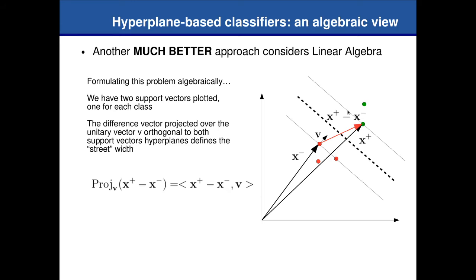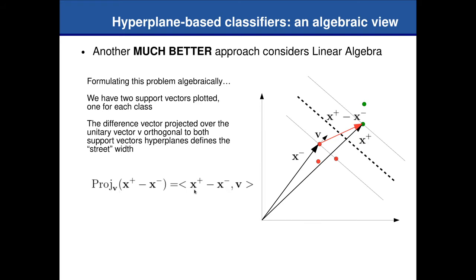So what I'm going to do now is project this red vector onto this V unitary vector. This is basically a unitary vector. How can I perform that projection? Algebraically, we typically write it like this: the projection of the subtraction of my positive position vector minus the negative position vector, in terms of V. I will project it on V, okay?